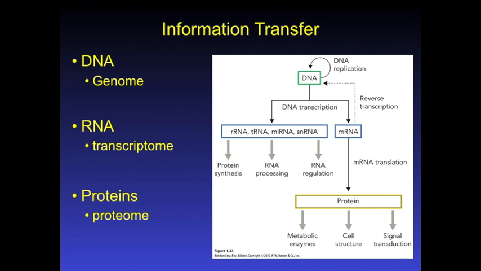So, information transfer from the DNA all the way through to protein. In a lot of ways, we talk about that information transfer being a single flow, but there's a lot more that actually happens. But in general, we talk about this: DNA to messenger RNA to protein.